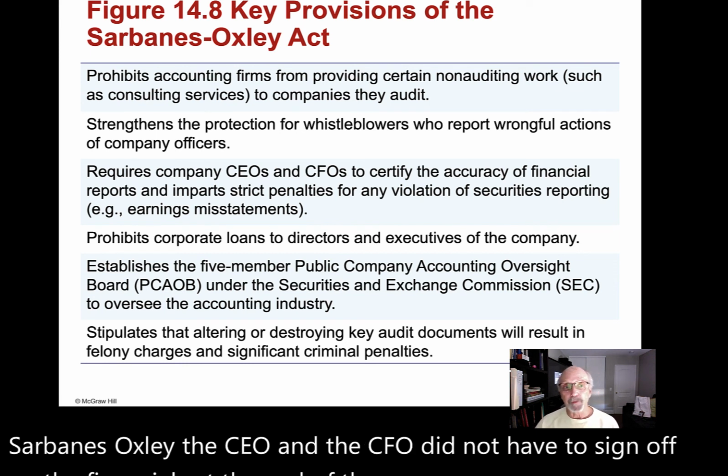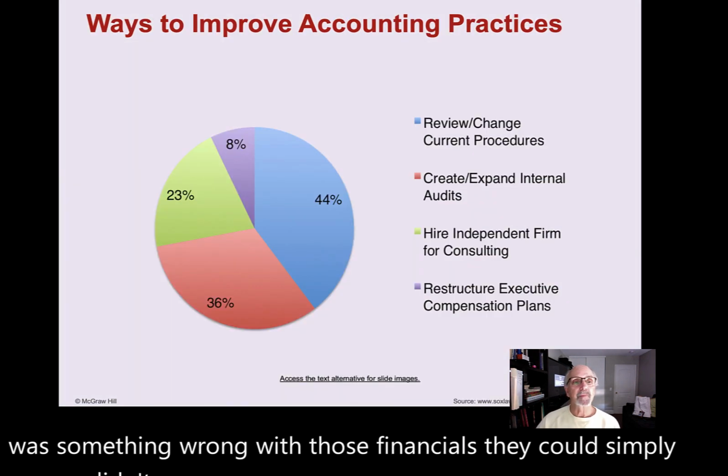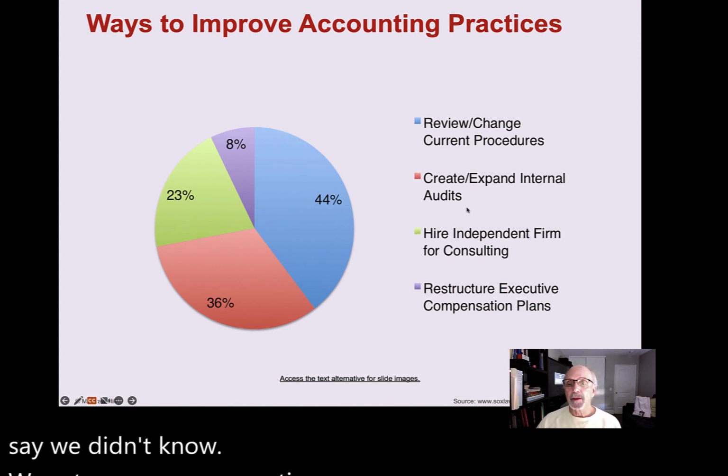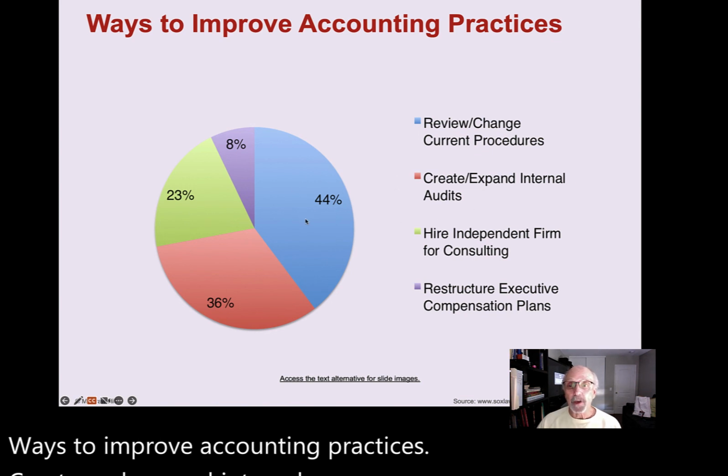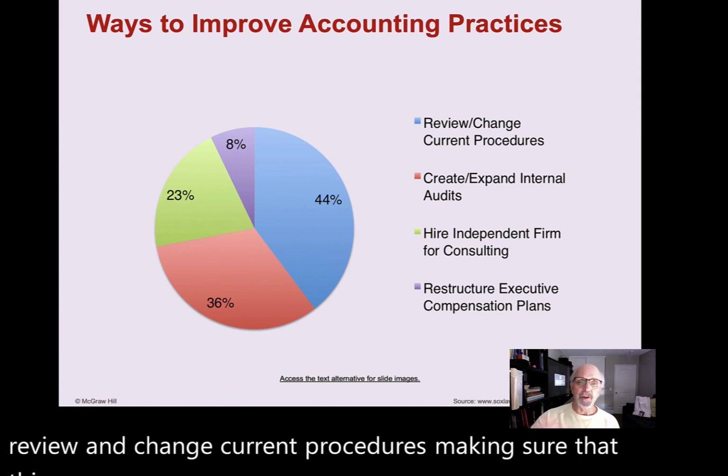So therefore, if there was something wrong with those financials, they could simply say, well, we didn't know. Ways to improve accounting practices: create and expand internal audits. The big one, however, review and change current procedures, making sure that things are being tracked and done correctly.